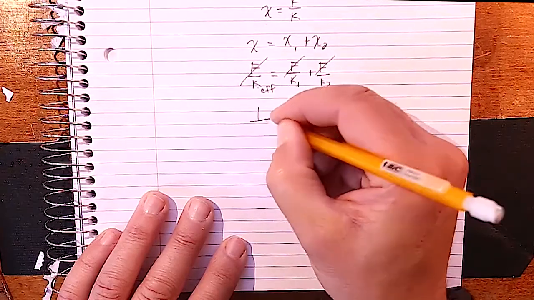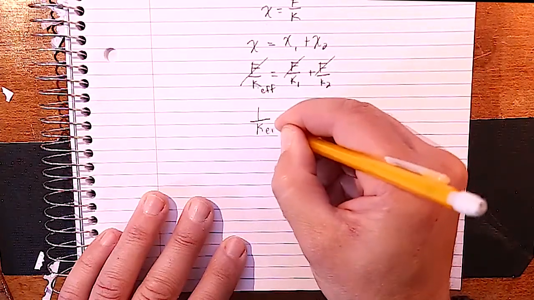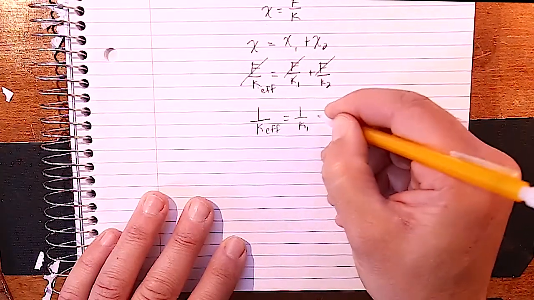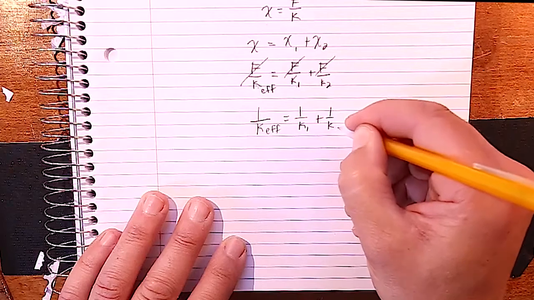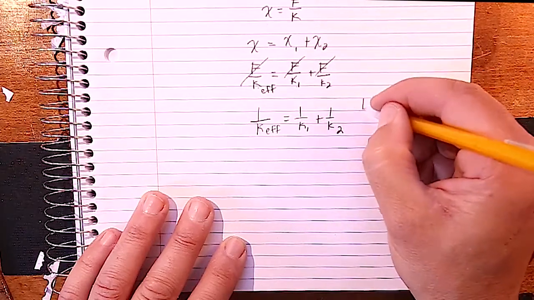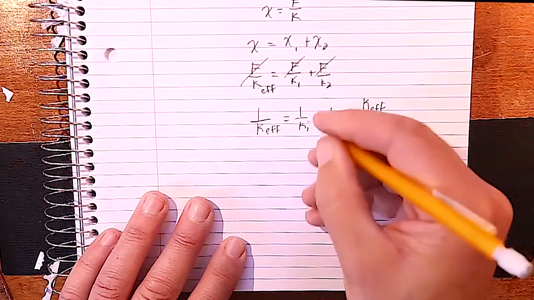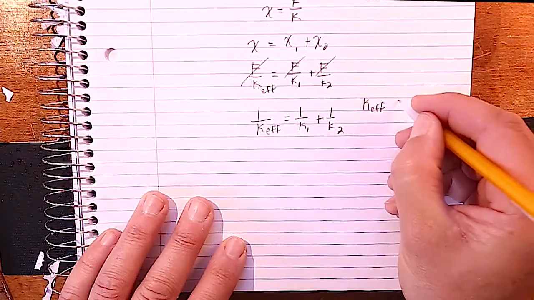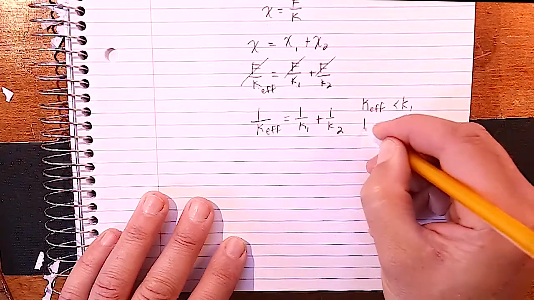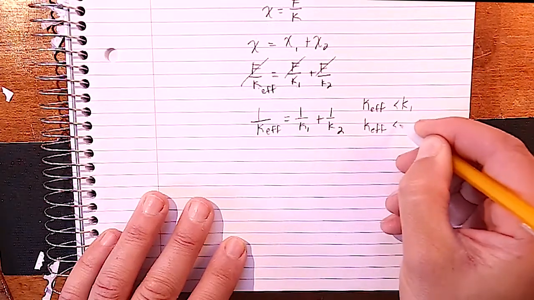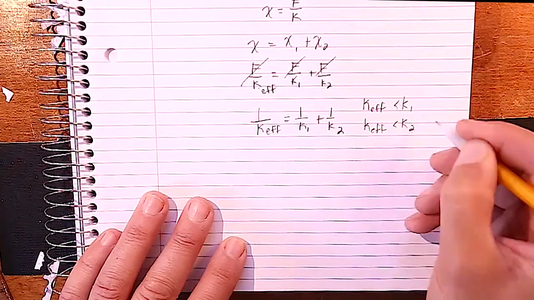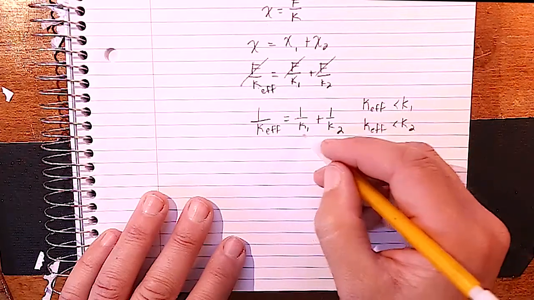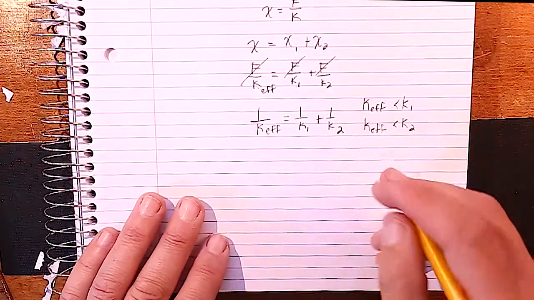So for springs in series, the formula is 1 over k effective is equal to 1 over k1 plus 1 over k2. So we can say that k effective, no matter what these values are, because these are adding reciprocals, will be less than k1, and k effective also has to be equal to or less than k2. So what we're effectively doing is lowering k by putting two springs in series.